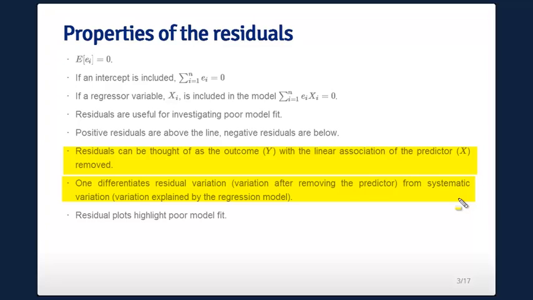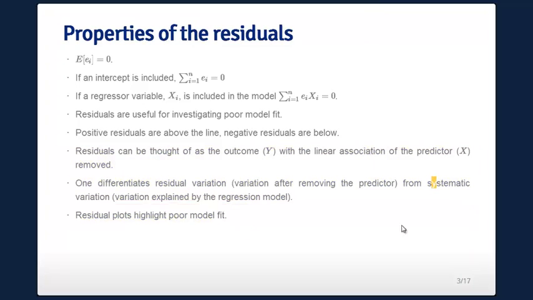Residual plots can highlight this latter fact. Residual plots can focus in on aspects of poor model fit in a way that the scatter plot can't, and when you go to higher dimensions with more variables, you don't even have the equivalent version of a scatter plot.